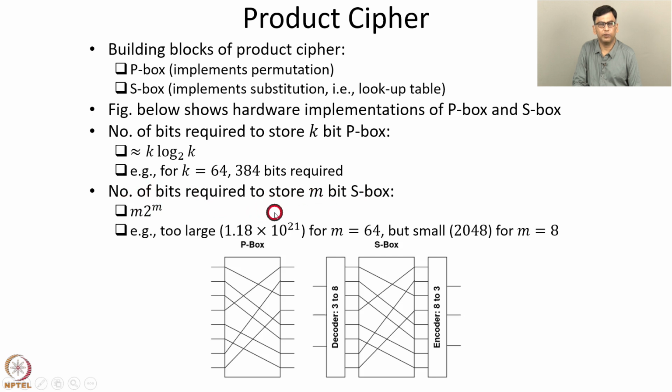If m is, for example, 64, then the number of bits required to store an m-bit S box is too large. For example, it is 1.18 times 10 to the power 21. But if m is small, such as 8, then we require only 2048 bits to store an m-bit S box. So we can use S boxes of a small number of bits.